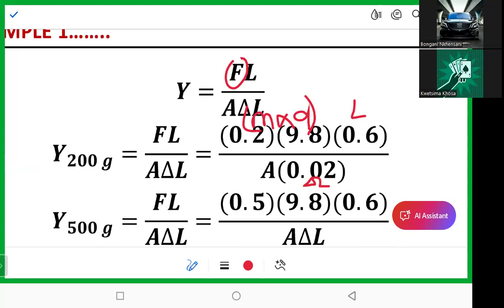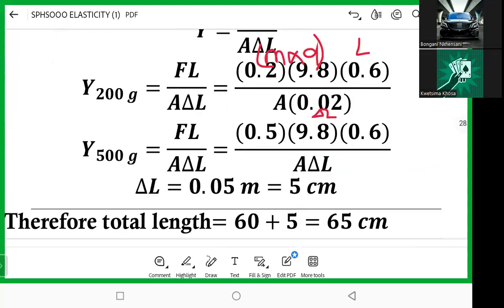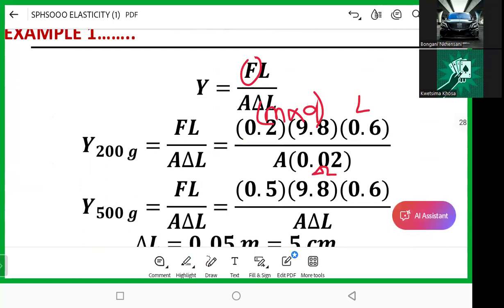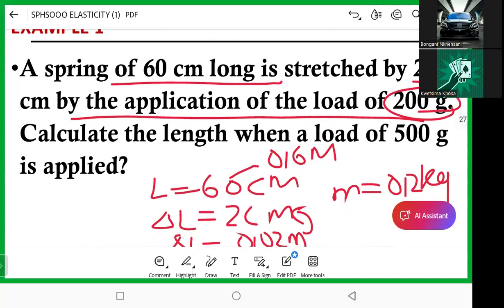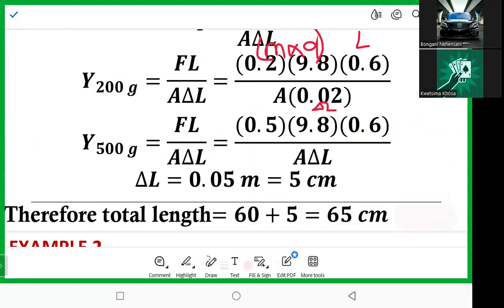Why are we having two objects here? Oh, we're having two objects: a spring stretched by the application of the load 200, and when a load of 500 g is applied. Okay, now it makes sense. So what you're going to do is have two equations.